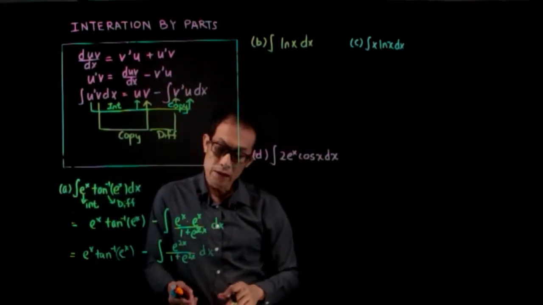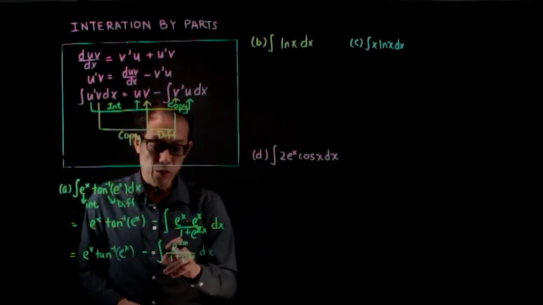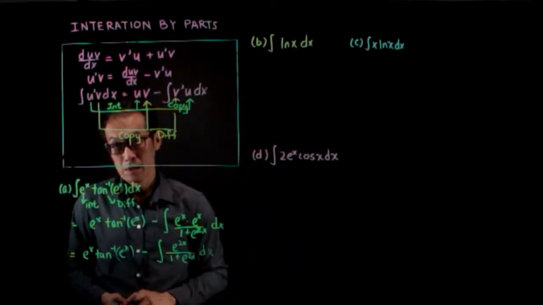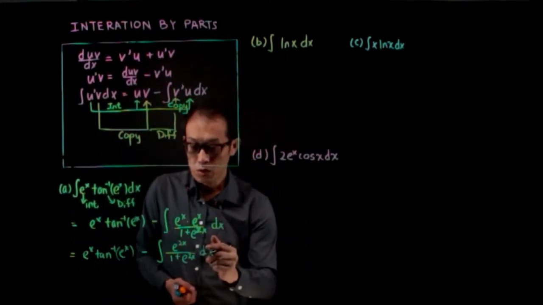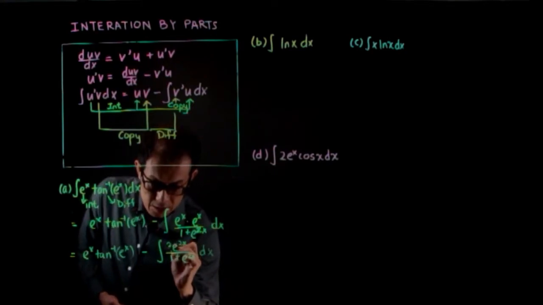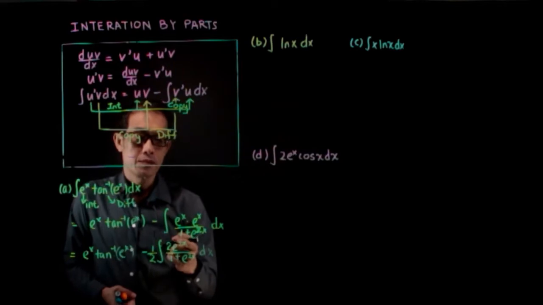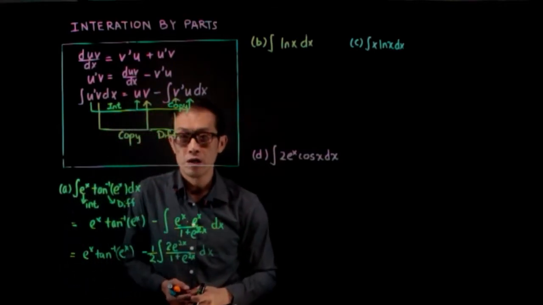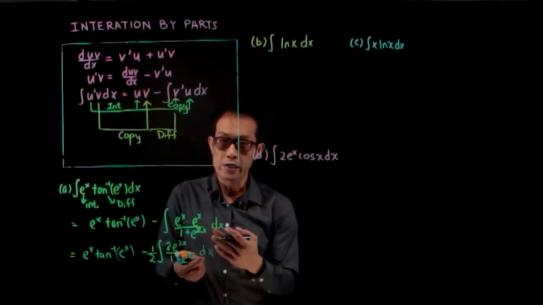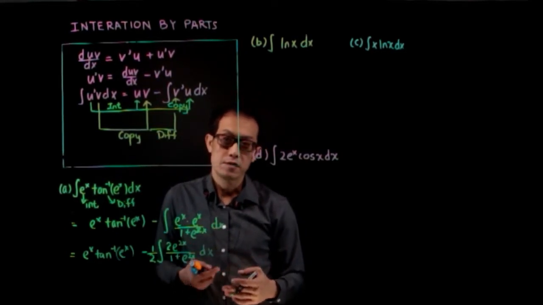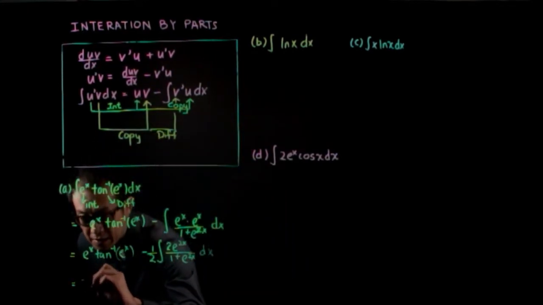Now, you look at this. What do you get if you differentiate 1 plus e to the power of 2x? You get 2 e to the power of 2x. So if we rewrite the top as this, then we must times a half here. Now the numerator is the differential of the denominator, so we can use the ln integral.